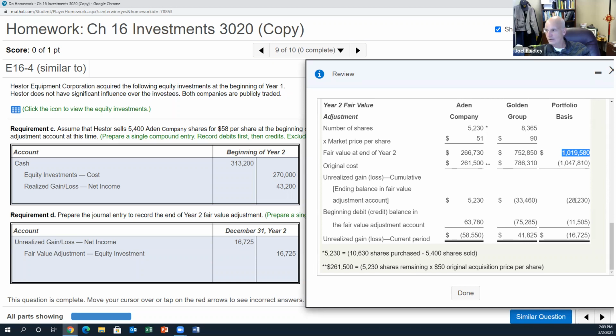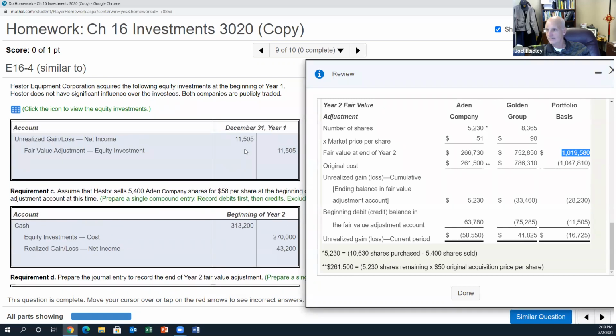So if we need to have an ending credit balance of 28,230, we had an 11,505 balance to start with, going back to year one. That's a credit balance right there.